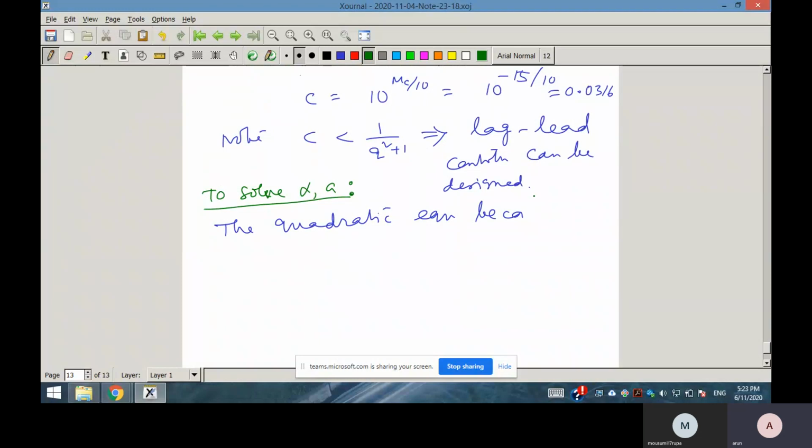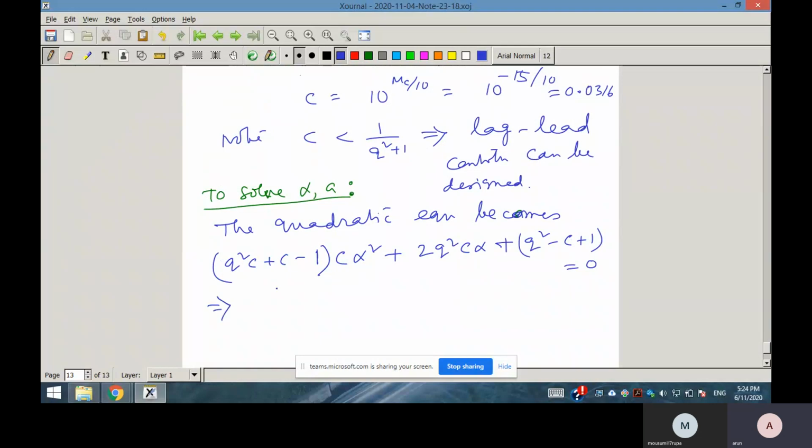So the quadratic equation becomes (Q square C plus C minus 1) into C alpha square plus 2 Q square C into alpha plus Q square minus C plus 1. This is equal to 0.